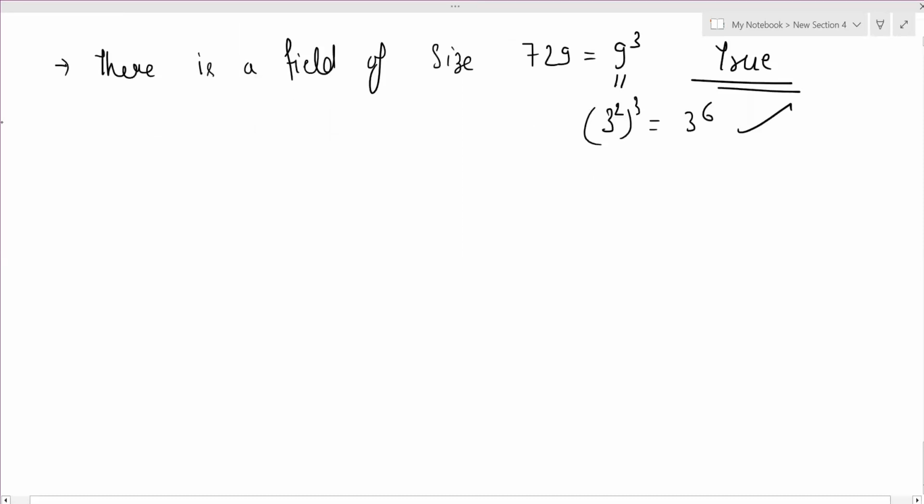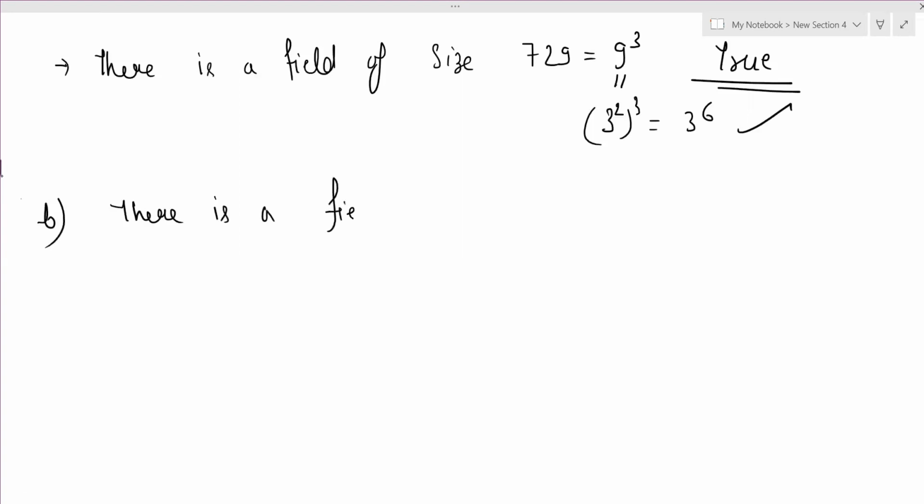Now the B part. There is a field of order 2190. Tell me, is this correct or not?